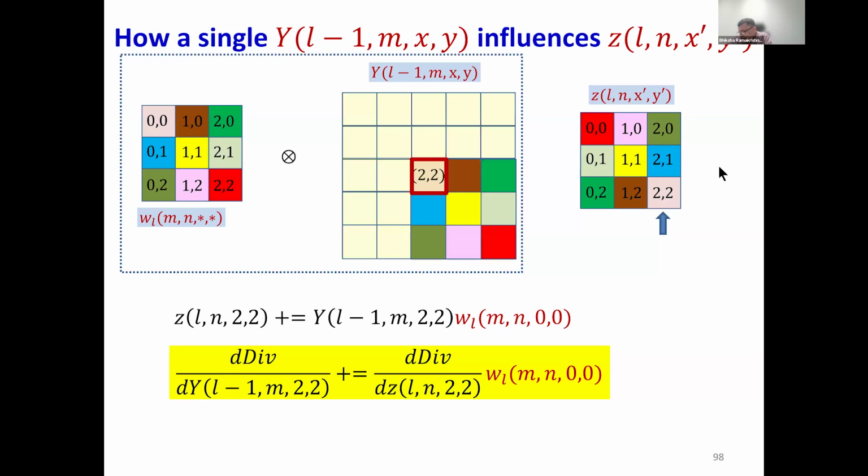So now if I were to compute the derivative of the divergence with respect to y22, I'm going to have to multiply the derivative for Z00 by the red filter element, the derivative at Z10 by the pink filter element, the derivative at Z20 by the green filter element, and so on. So did this make sense?